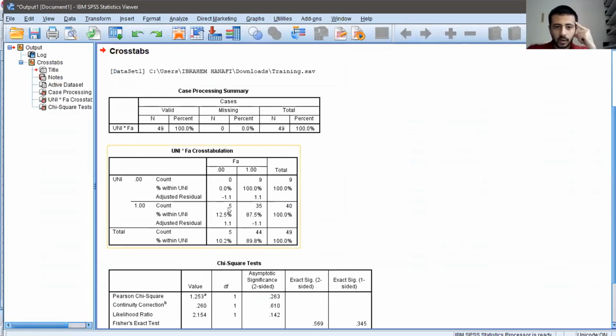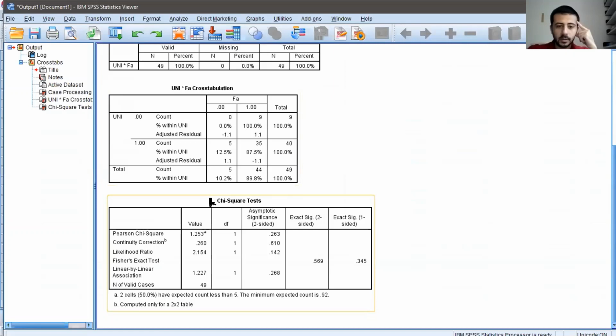So now we have a 2 by 2 table. We have the percentages and we have the Z values, which is the adjusted residuals. Here we have the chi-square test. For the chi-square test, 50% of the cells are lower than 5. So I can't use the chi-square test. But when I have a 2 by 2 table, what can I use?